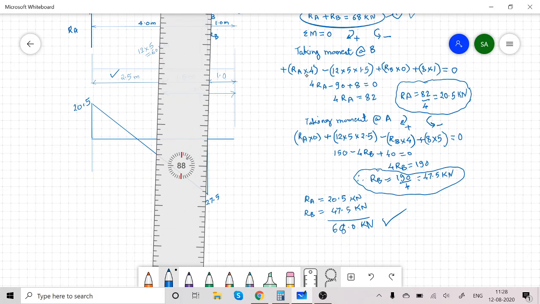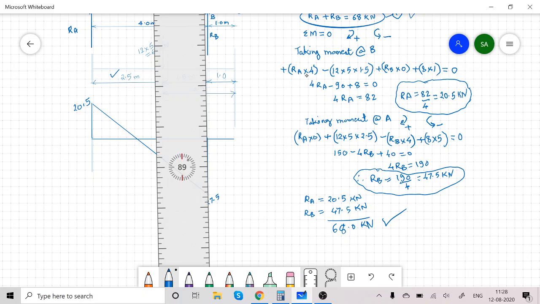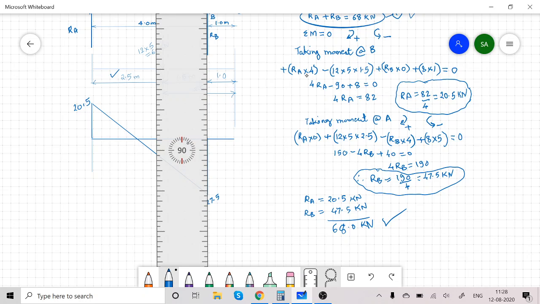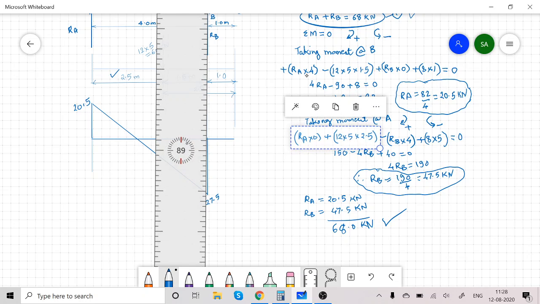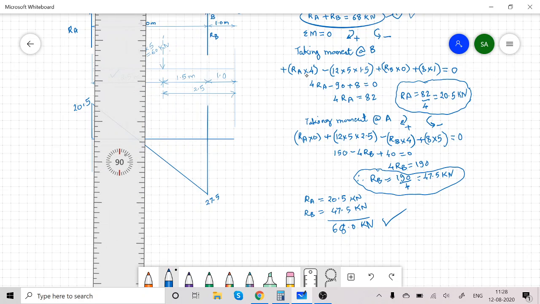So at B there is an upward reaction of 47.5. So here I got 20. I will repeat, minus 27.5 plus reaction at B 47.5, so plus 20.